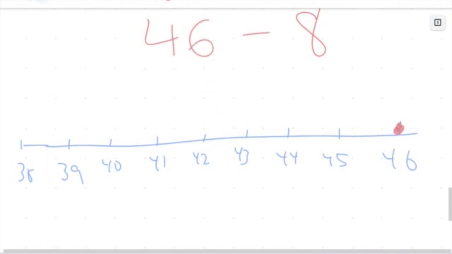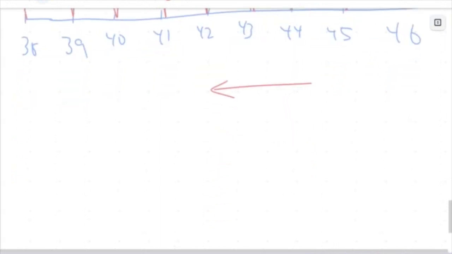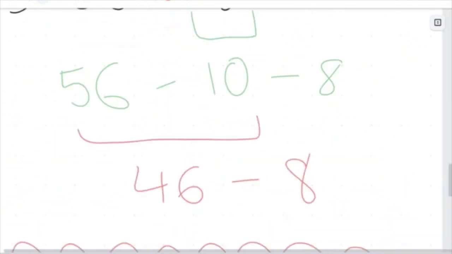I'm expecting a smaller number here, so I'm going to go in the left direction. I'm going to go 8 spots to the left: 1, 2, 3, 4, 5, 6, 7, 8. So I wind up with 38 as my answer.